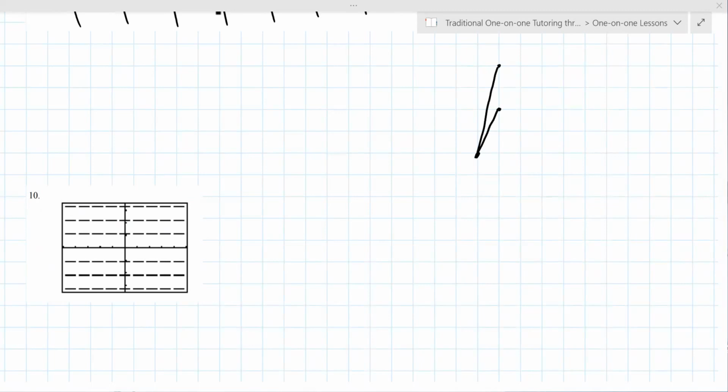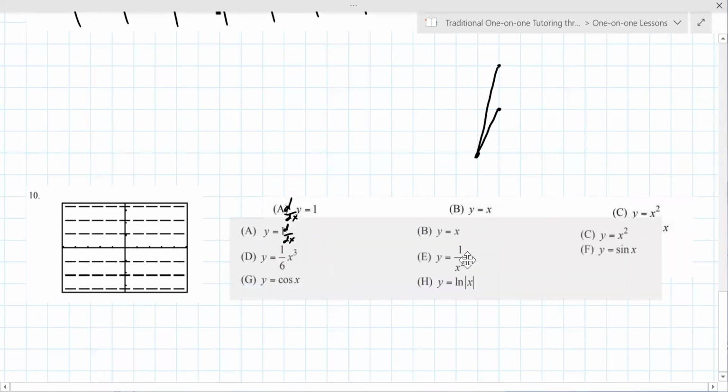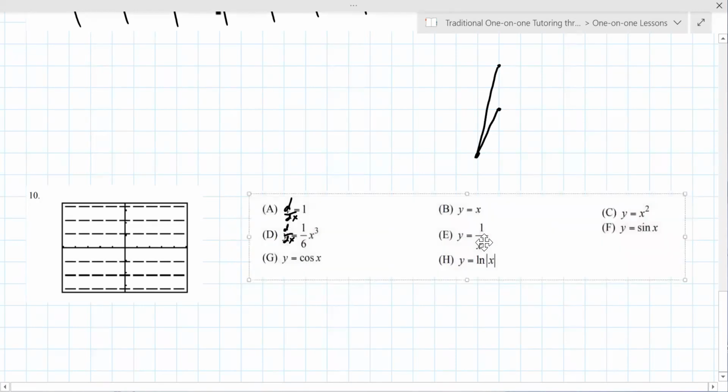Actually, let me see. To be fair, this is not quite right. These should all be dy/dx. So this is saying no. Maybe. Sorry, give me a moment to figure out what's going on here.